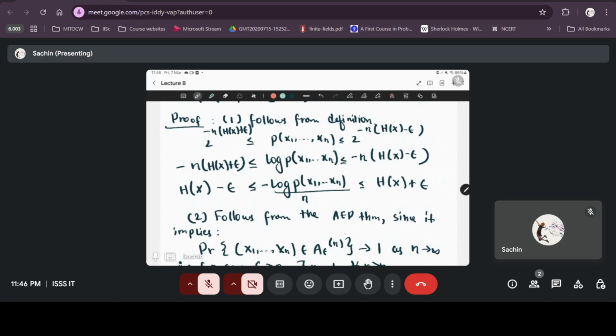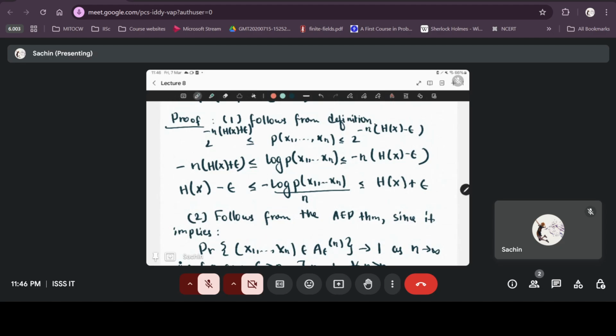So if you subtract h of x from both sides, you are left with minus log p of x1 to xn by n minus h of x being between minus epsilon and epsilon. You could write that as the modulus of minus log of p of x1 to xn by n minus h of x being less than or equal to epsilon.